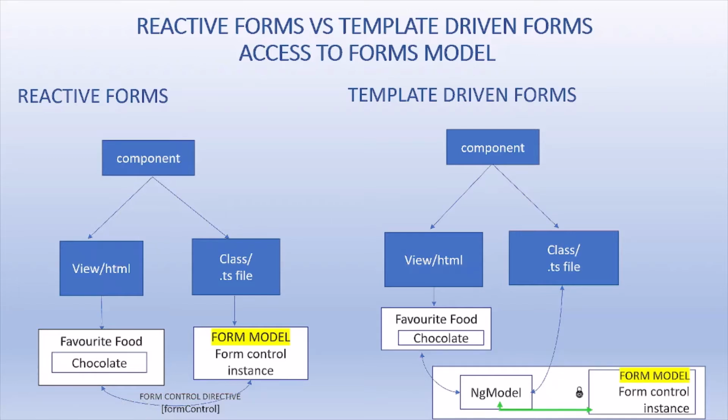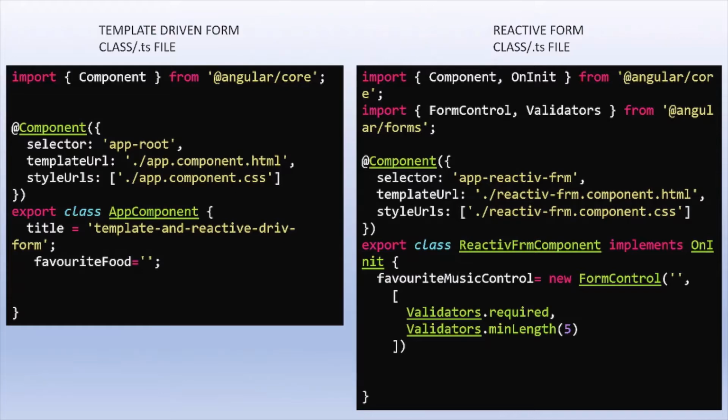Right, coming to how a class file looks for each of these forms. In case of the template-driven form, we just define the properties, right? And in case of reactive forms, though, we need to import the form control class and validators from Angular forms. And once we do that, we can then define the form model, right? So here the form model is just one form control, as you can see.